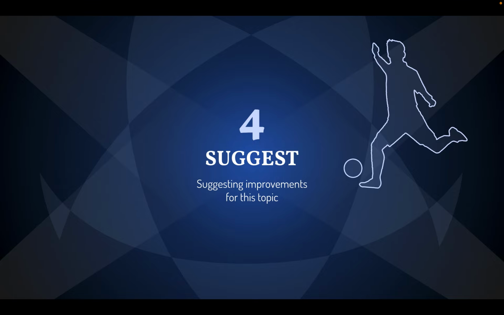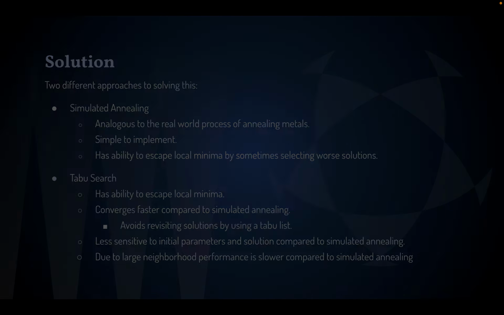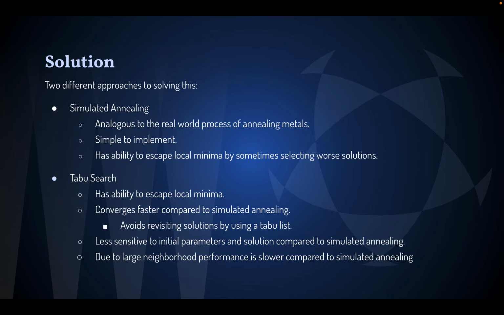Now we'll suggest improvements for this topic. In order to optimize the scheduling process for the English Premier League, we explored two different approaches to solving the problem. The first approach is simulated annealing, which is analogous to the real-world process of annealing metals. This approach is simple to implement and has the ability to escape local minima by sometimes selecting worse solutions.